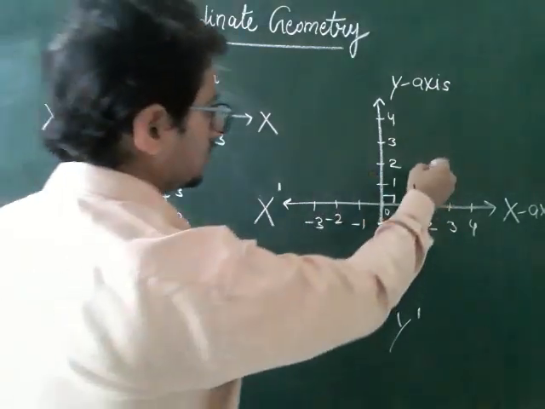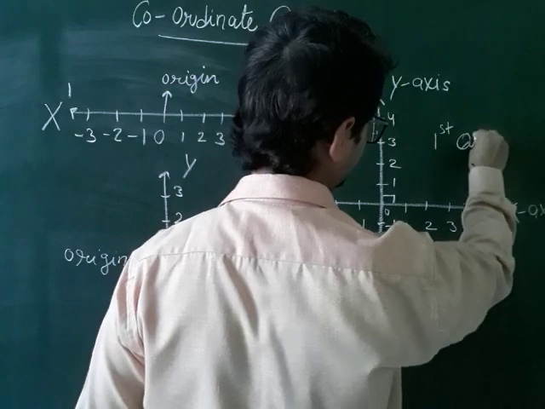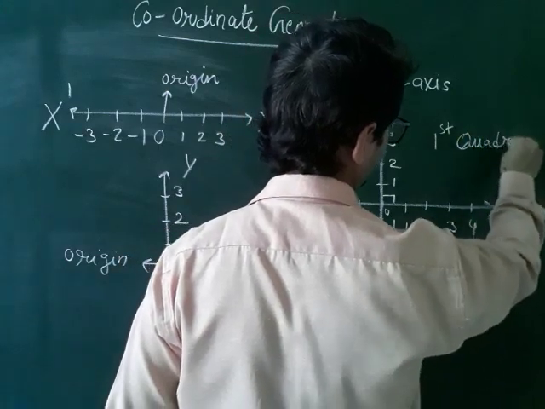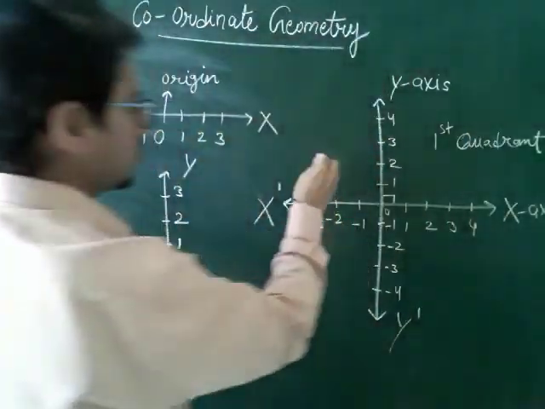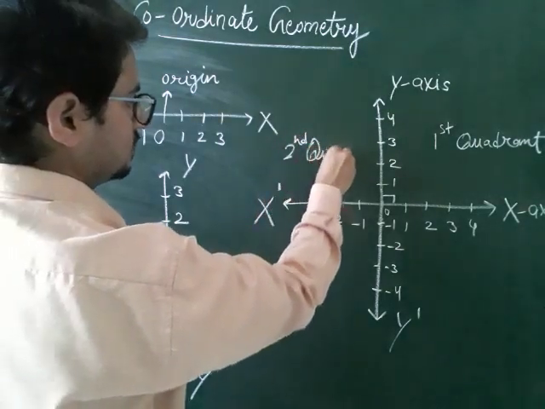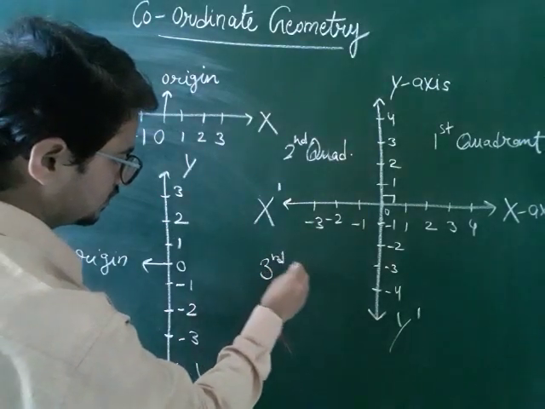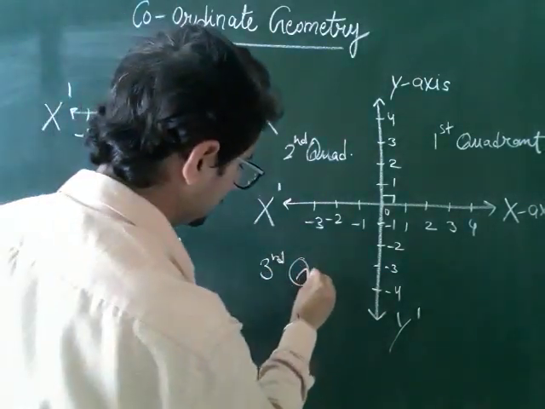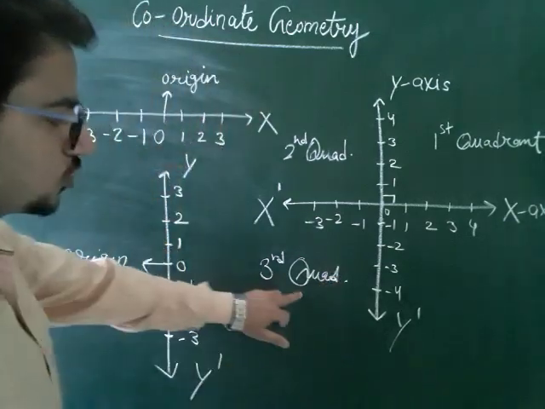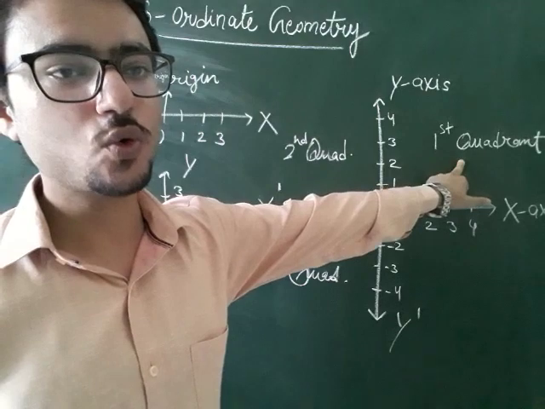Means this is your first quadrant, this is your second quadrant, this is your third quadrant. I am writing in short quad, but you will write it completely like this, quadrant.